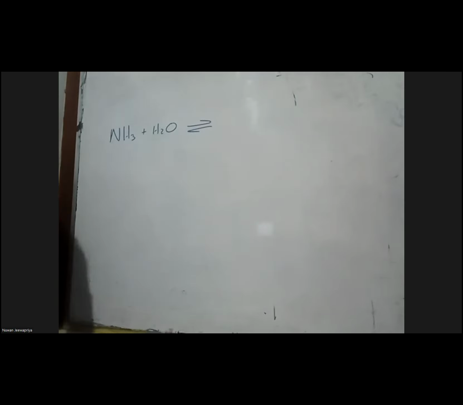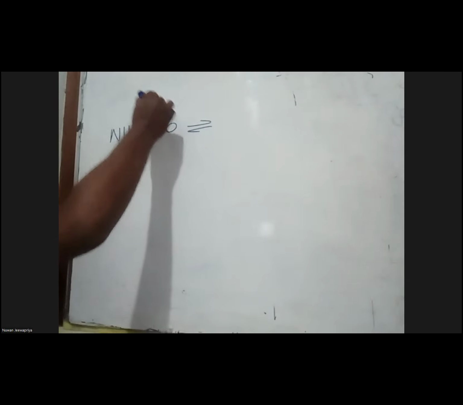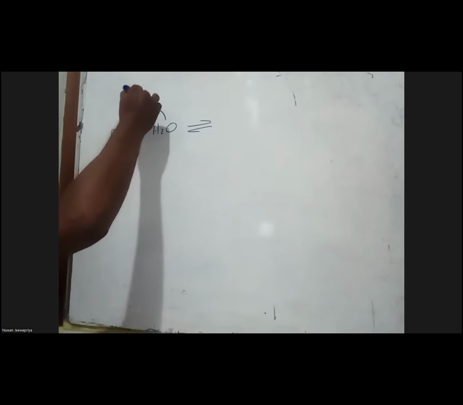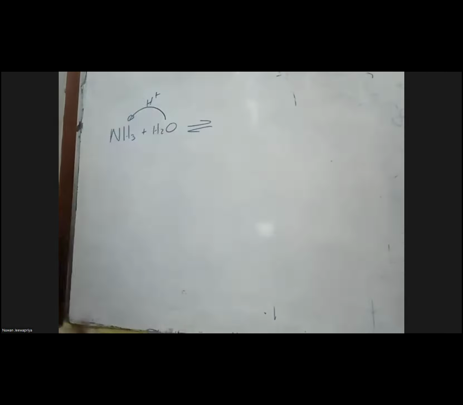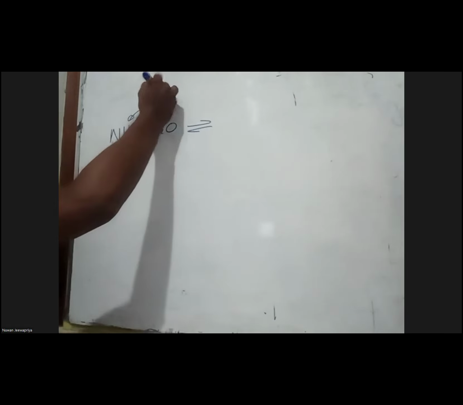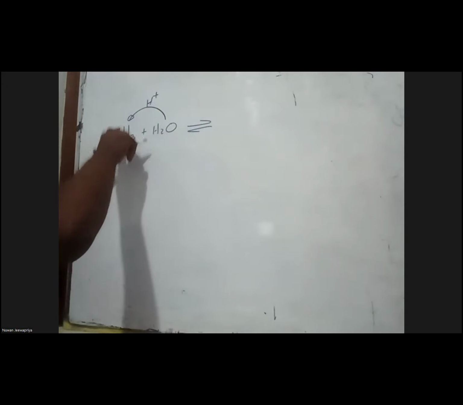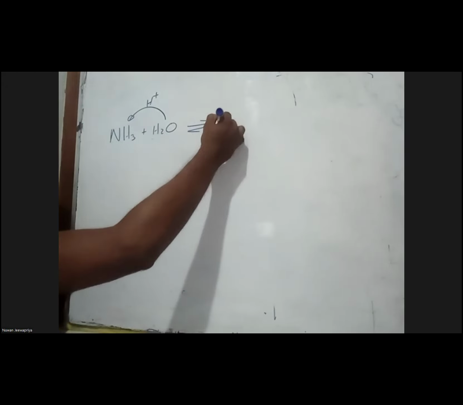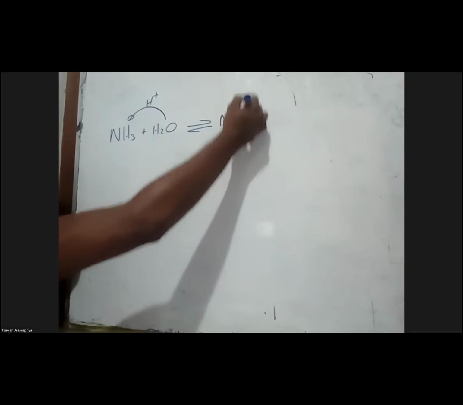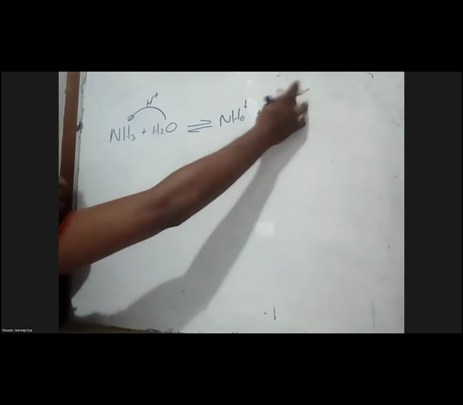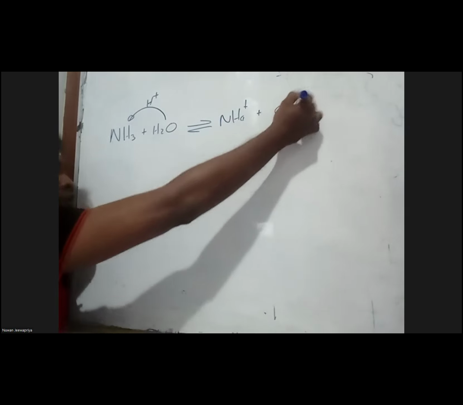Now here, water is the Bronsted-Lowry acid. So water donates H plus to ammonia. I have explained that in the theory class. So it makes NH4 plus, and then it releases OH minus.